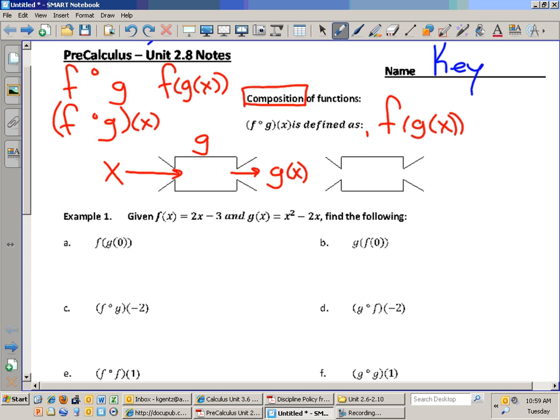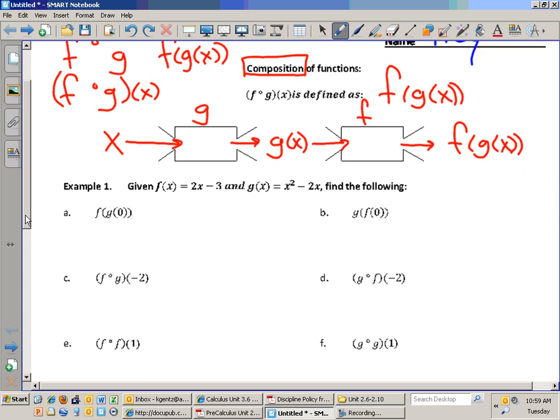We plug it into f, and what you get out then is f of g of x. So it results in plugging in twice. This is not a situation where you multiply. A lot of people read this and say this is f times g. No. That's why they use this circle in the middle, f composed with g.